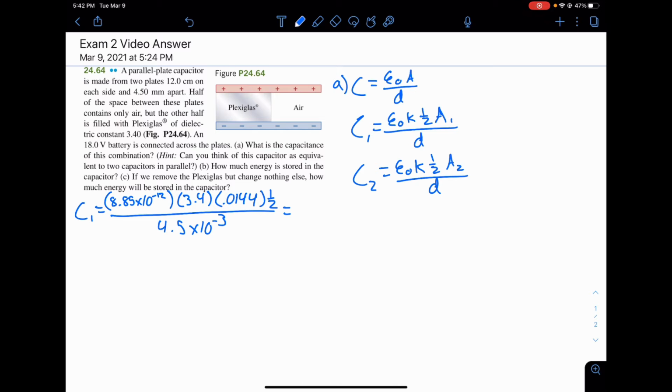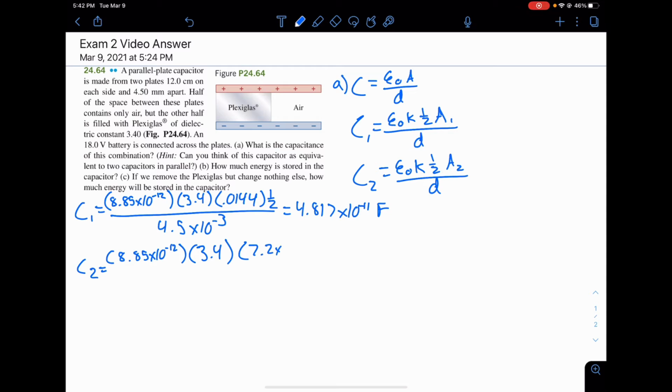And when we calculate this, we get a capacitance of 4.817 times 10 to the minus 11 farads. So we're going to do the same thing with C2: 8.85 times 10 to the minus 12 times, again, the same constant, 3.4, times, this time the area is 7.2 times 10 to the minus 3, and obviously we have to divide that by 2.